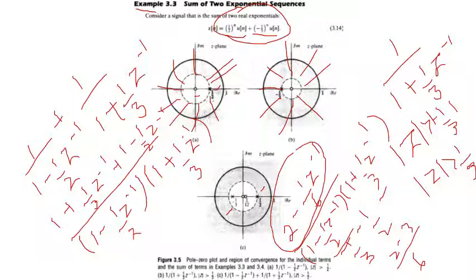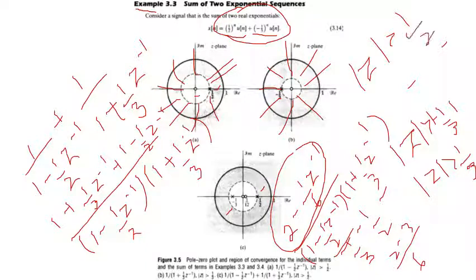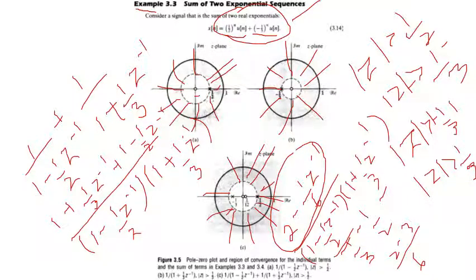So both are right-sided. |z| is greater than 1 by 2, and |z| is greater than 1 by 3. So overlapping starts after 1 by 2 because 1 by 2 is bigger. So the overall region of convergence of these two signals will be |z| greater than 1 by 2. Okay.